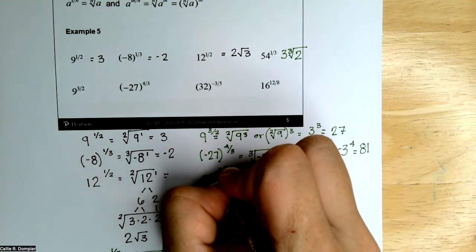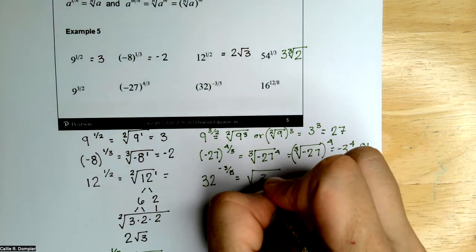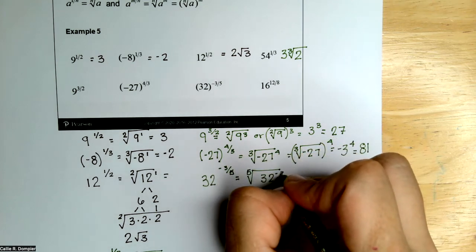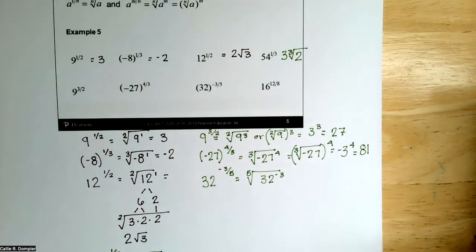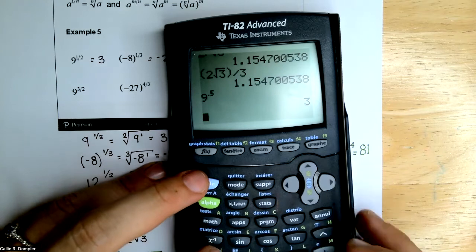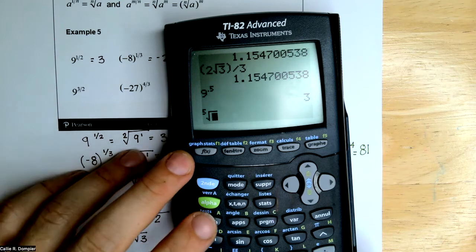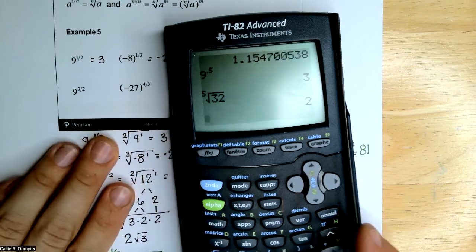32 to the negative 3/5 becomes, 32 is still my base. That bottom number is my index. The top number is my exponent. So we're raising 32 to the negative third, and then we're taking the 5th root of that number. What is the 5th root of 32? Let's just see if it's perfect. The 5th root of 32 is 2.